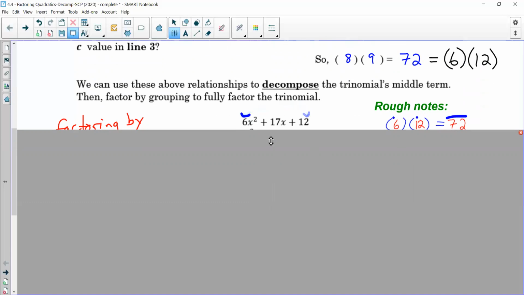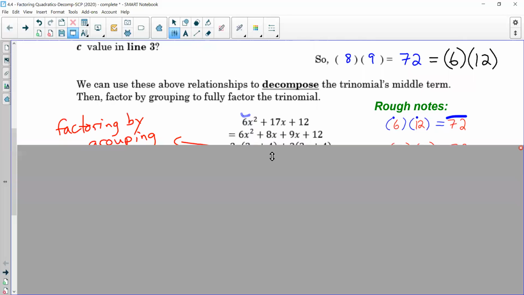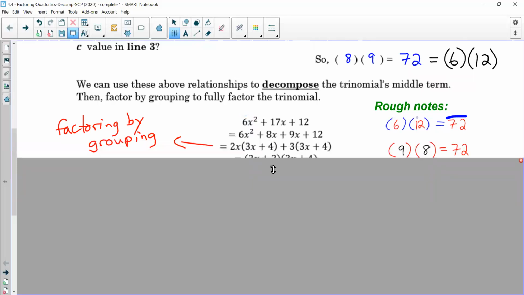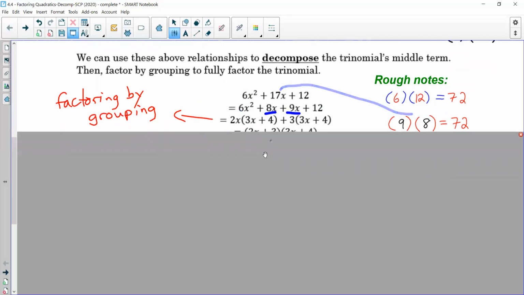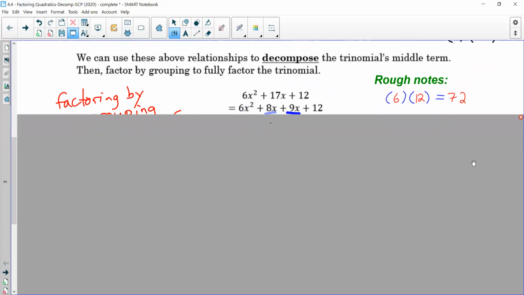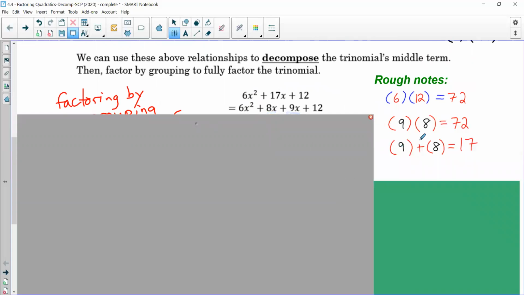What we're looking for now is two numbers that multiply to 72, but these same two numbers have to add to 17. That's going to produce the same pattern we had up above. And those numbers happen to be 9 and 8. So again, two numbers that multiply to 72, and the same numbers add to 17.